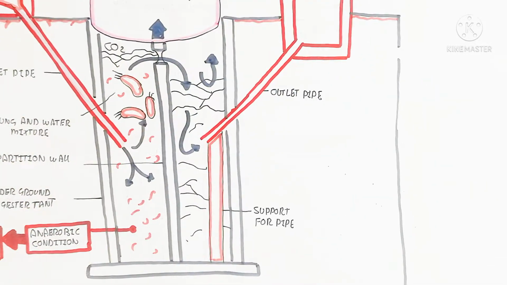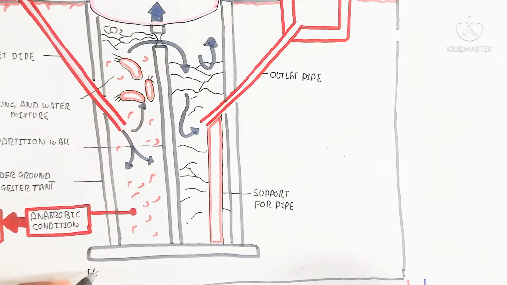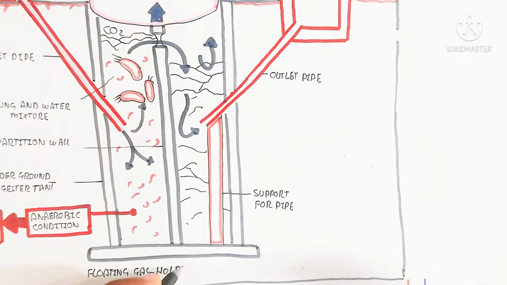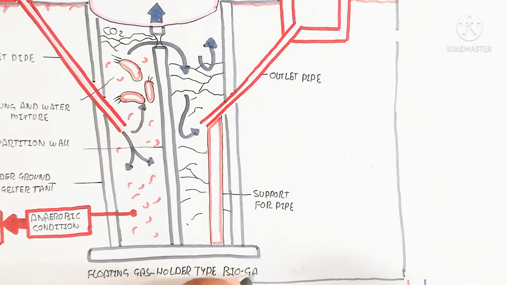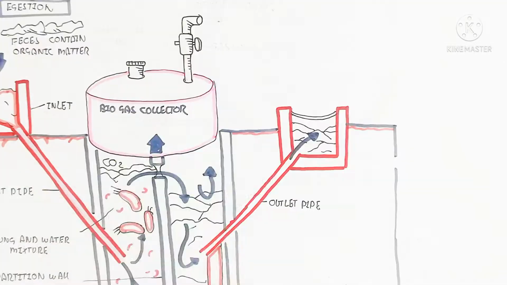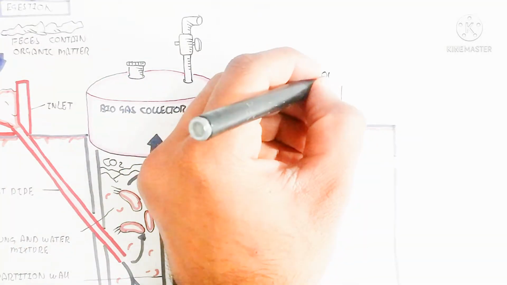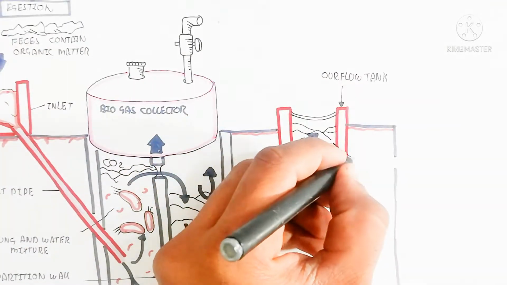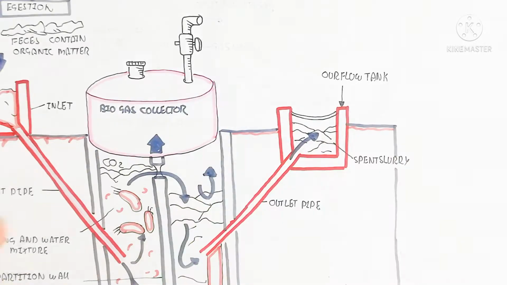The gas creates more pressure, and the gas moves outward, pushing the spent slurry matter into the outflow tank.